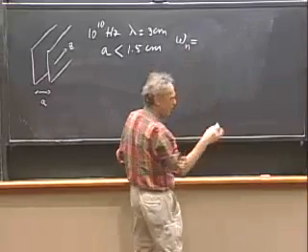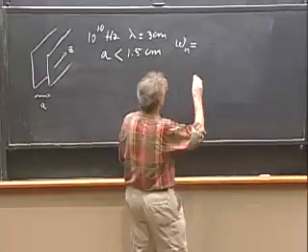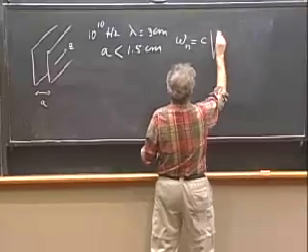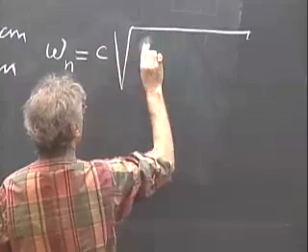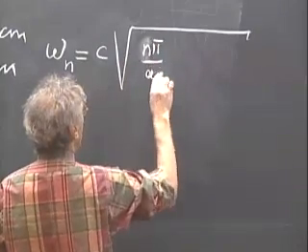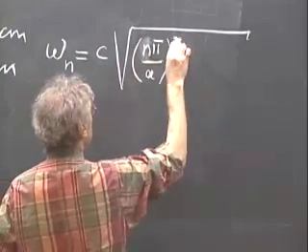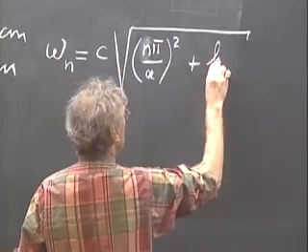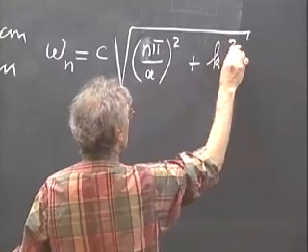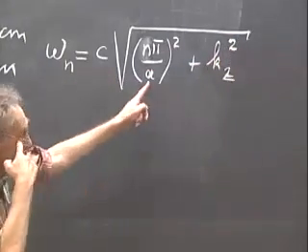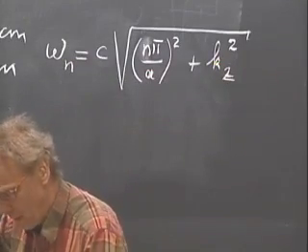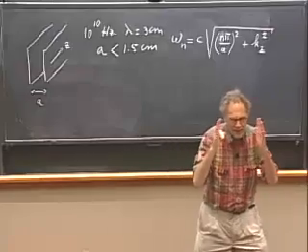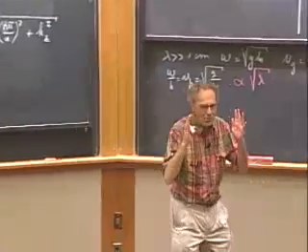Omega n, whereby n equals 1, 2, 3, 4, 5, equals c times the square root of (n pi divided by a) squared plus k_z squared. Let's first look at this term. Even though you don't see directly where it comes from, you can connect to it already. It has to do with boundary conditions.